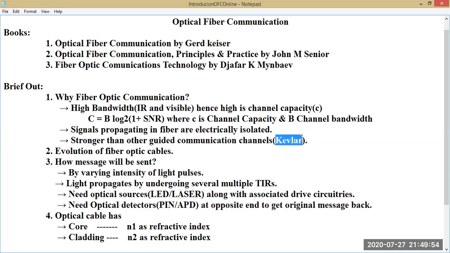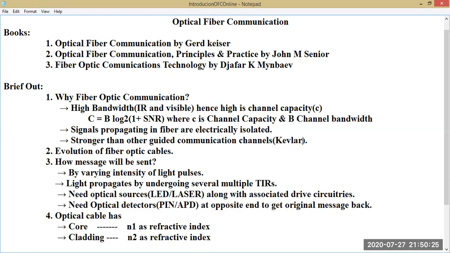This Kevlar is used in order to design optical fiber cables, and even standard earphones use the same material. If you take earphones designed by Philips or Sony, you can find this as the strength member there. This is the third point for using optical fiber communication.